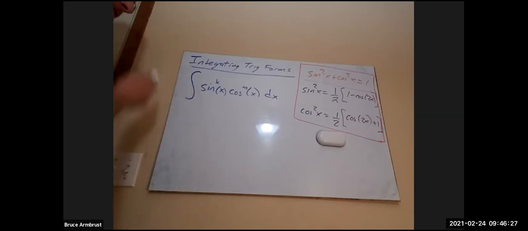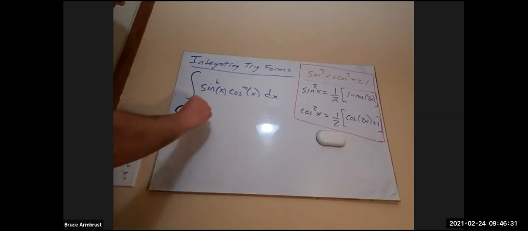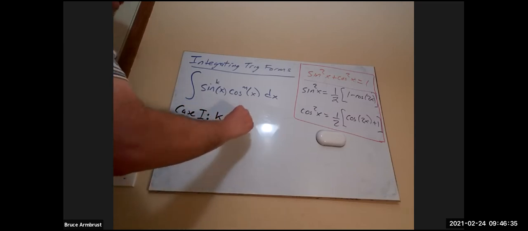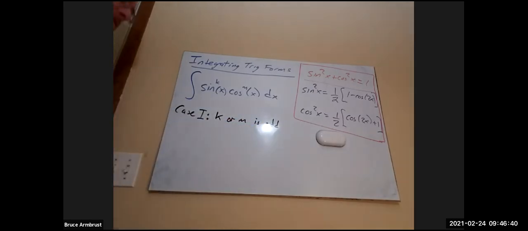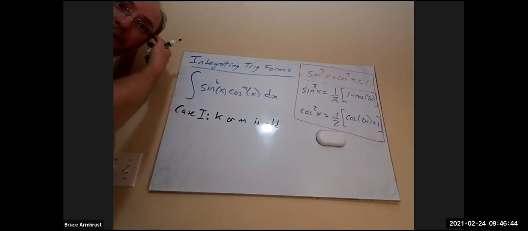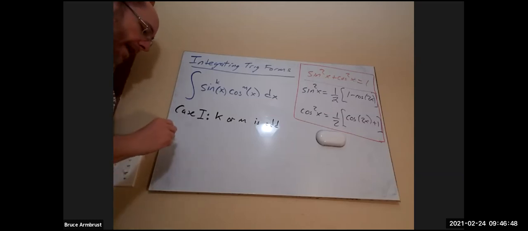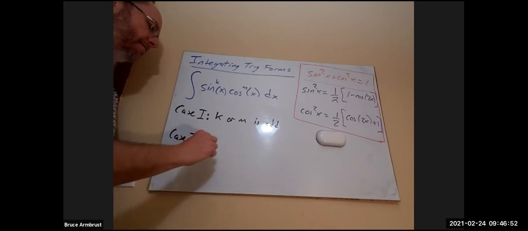The first one is case number 1: K or M is odd. We're going to look and see if one of those powers is odd. And then the second case is both are even.